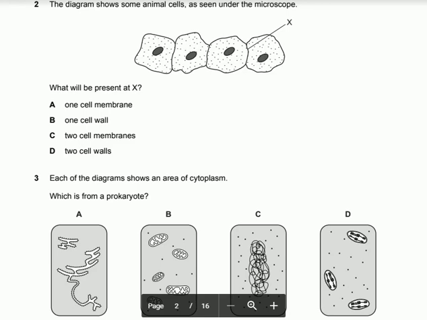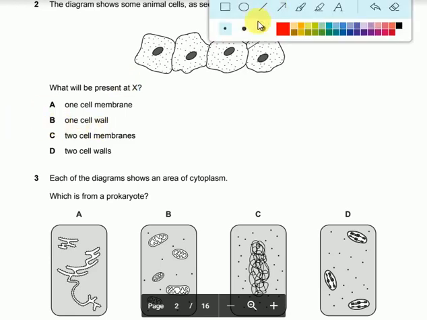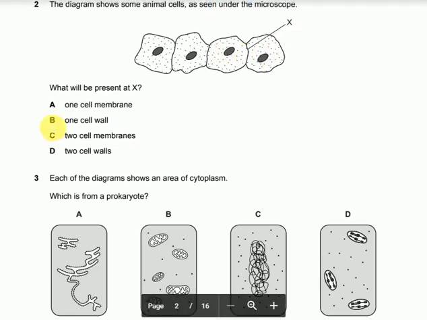It's certainly not a cell wall because it's animal cells. Animal cells don't have cell walls. So just cross out B and D. Just cross them out.